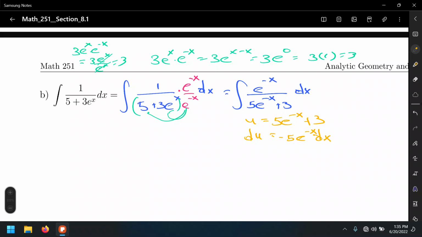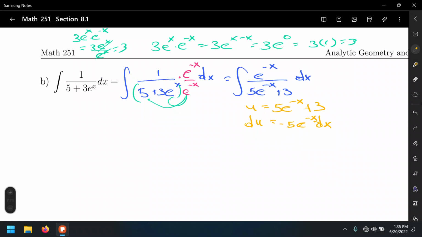And of course the derivative of 3 is 0 because the derivative of a constant is 0. And solving for the exponential factor, e to the negative x dx equals negative 1/5 du. So I think we are ready to go about the substitution.